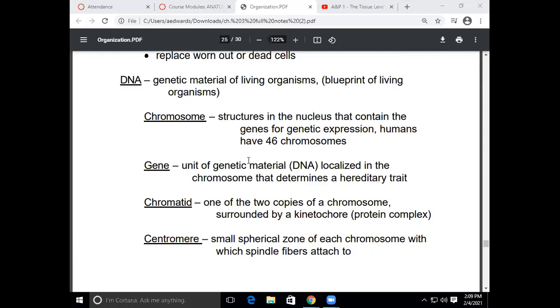Now we also have centromeres that we have to be concerned with. The centromere, excuse me, I want to make sure I say this correctly, is where the chromosomes are attached.